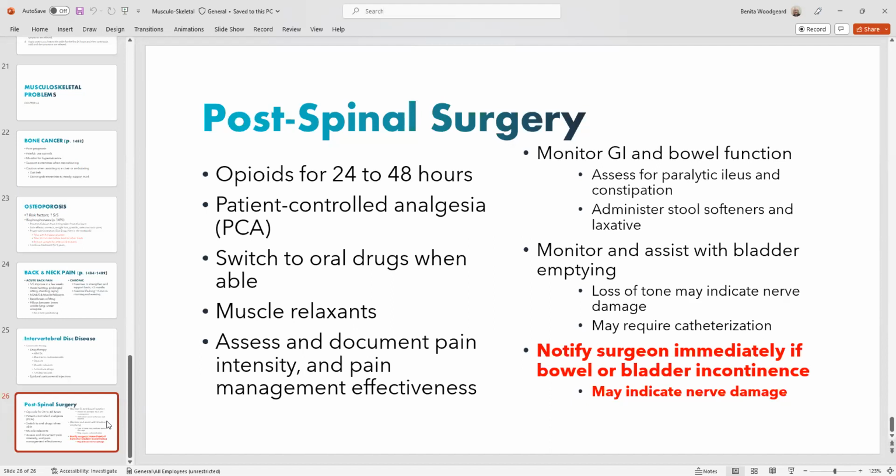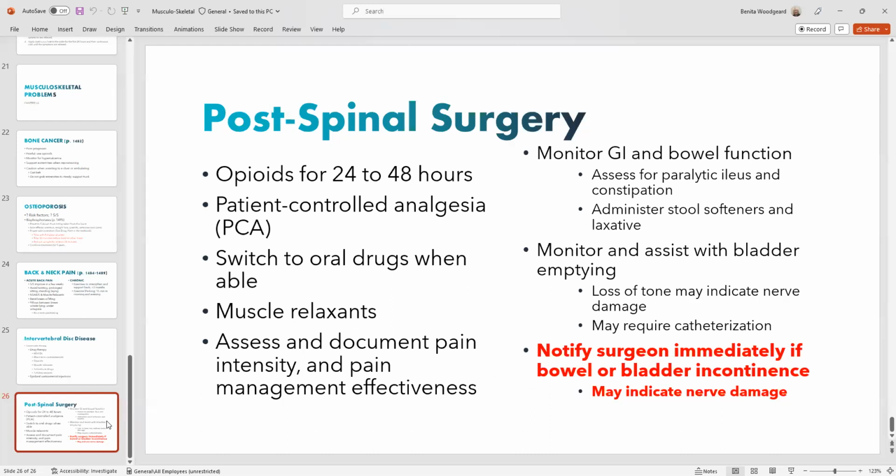Again, monitor GI and bowel function post-surgical for anyone, but especially spinal injuries, for paralytic ileus, which would be no bowel sounds, and constipation, making sure these patients have stool softeners prescribed, and possibly even laxatives as needed.